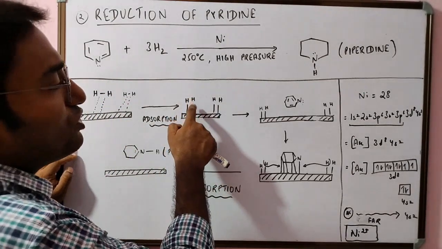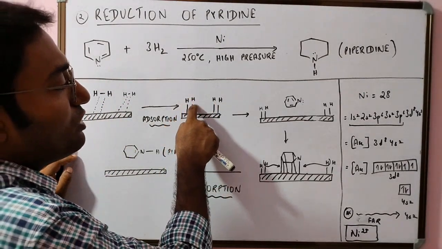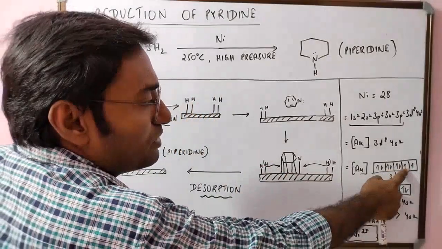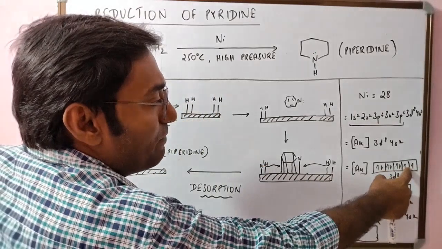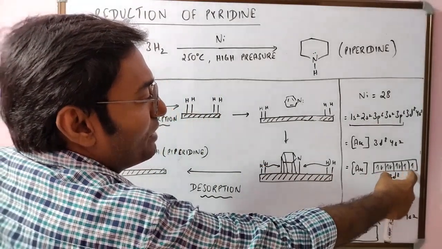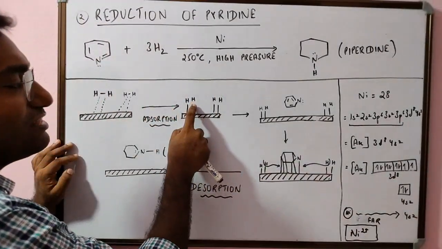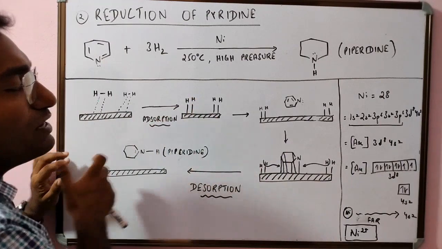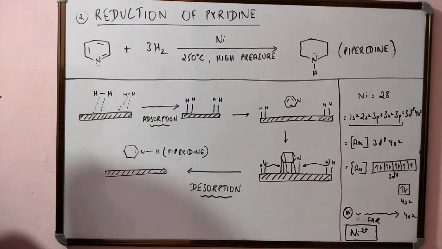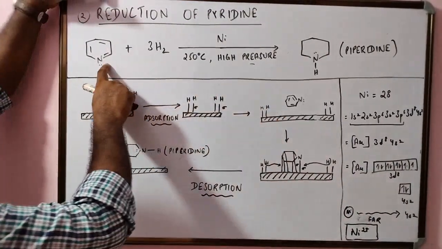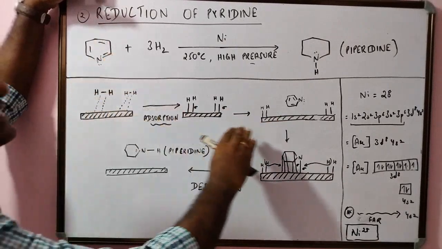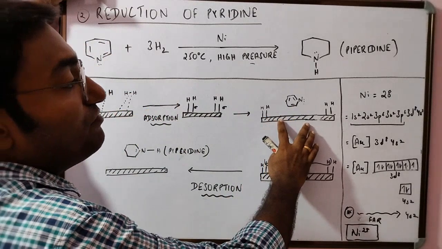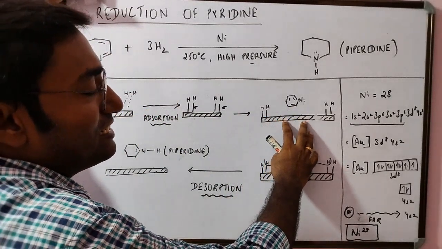The hydrogen atoms with one electron each go for a covalent bond formation with the unpaired electron in the empty orbital, resulting in the formation of a nickel-hydrogen sigma covalent bond. In the next step, the pyridine, which is in its liquid state, is gently passed over the finely divided nickel catalyst.